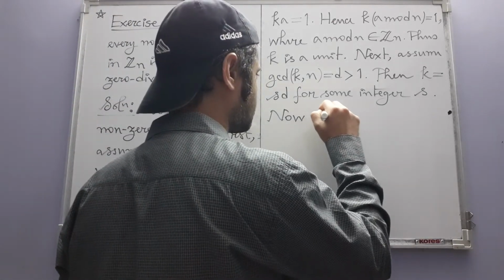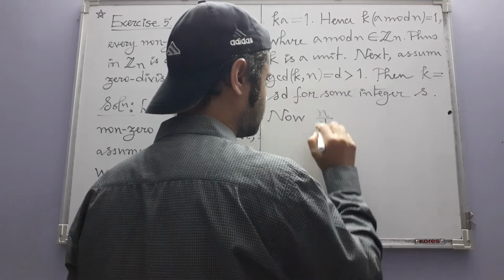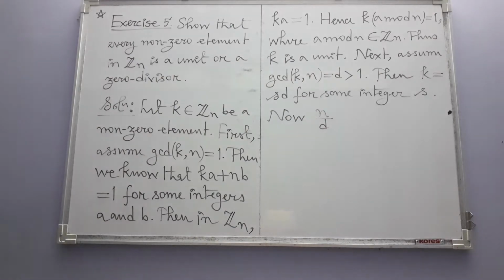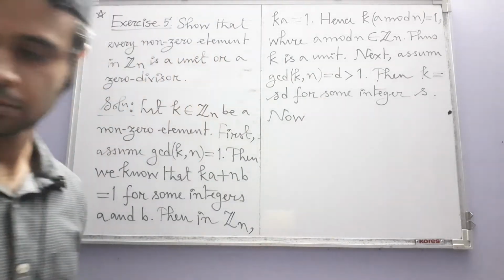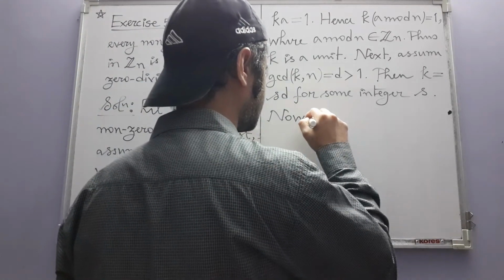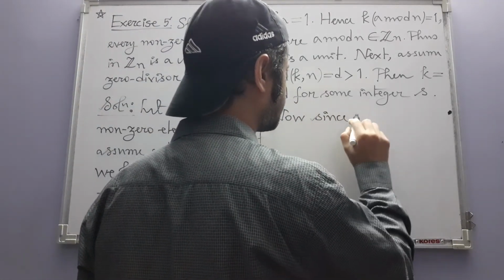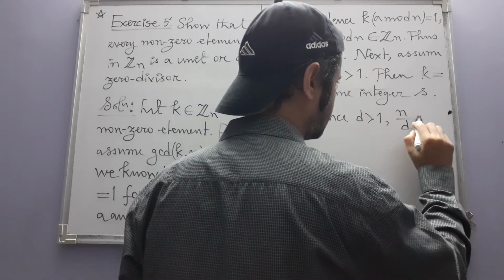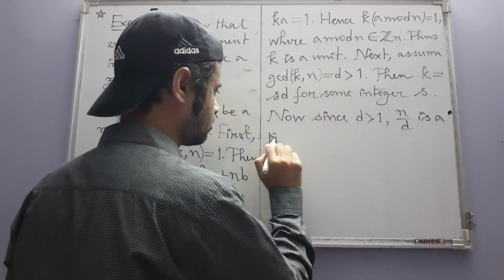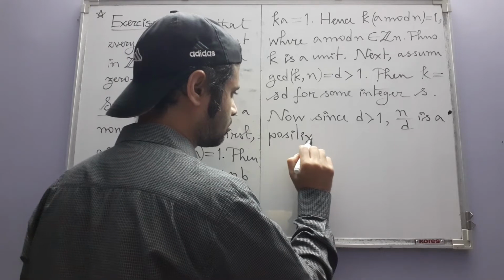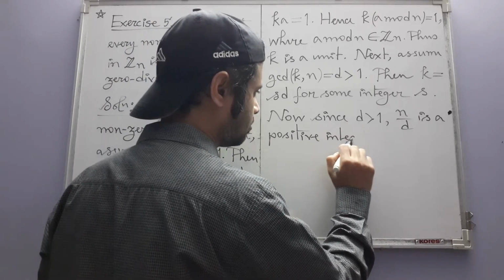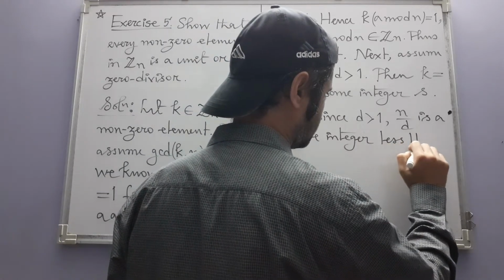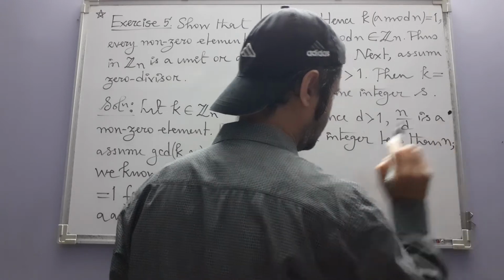Now, let's write all these things. Since d is greater than 1, n divided by d is a positive integer less than n.